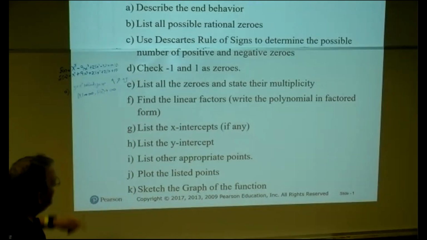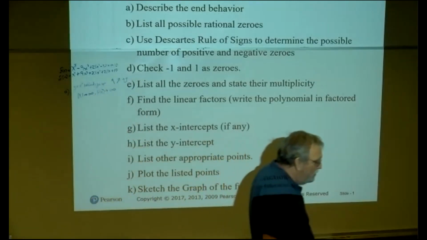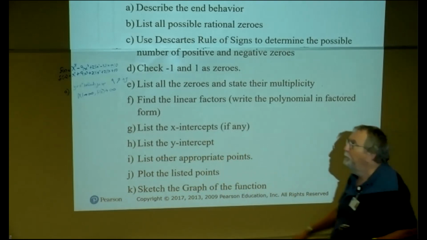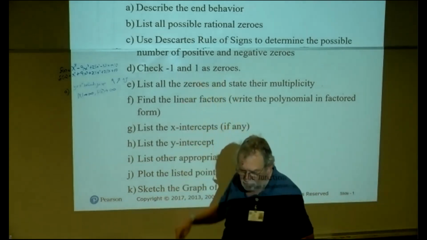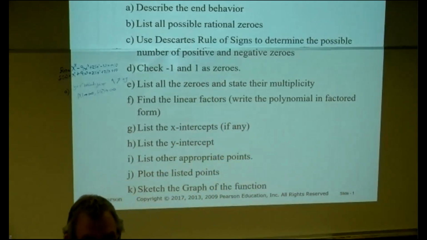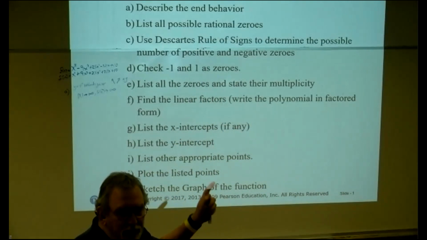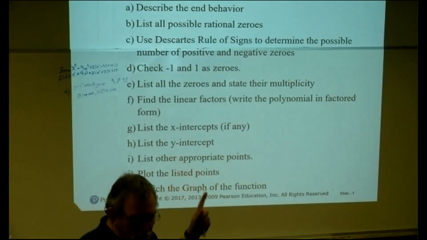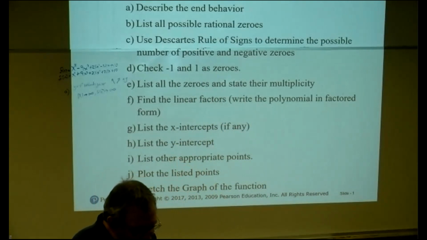Now, when listing the rational zeros, we need to look at certain numbers to determine the possible rationals. By the way, what's the most number of zeros this polynomial could have that are real numbers? 4.